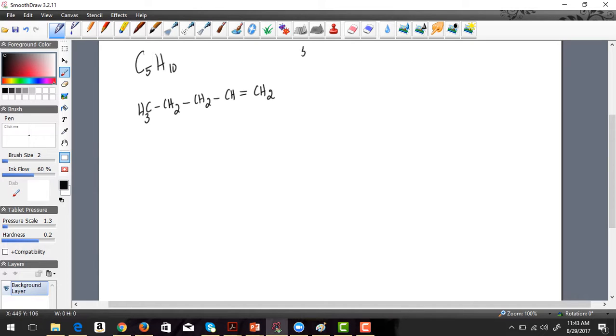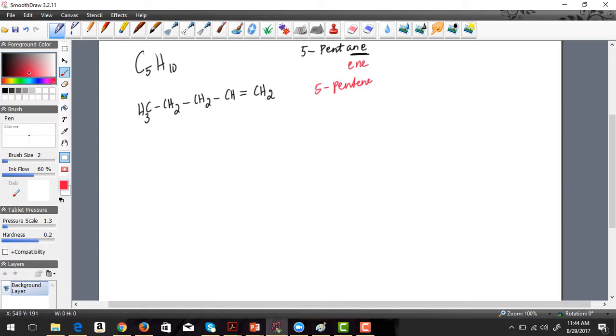So 5 carbon is pentane. If it is an alkane, if it's an alkene, we just replace the A and E with E and E, okay? So what does that translate to?